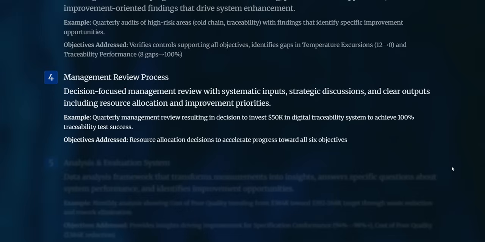An example of our management review process includes quarterly management reviews, resulting in a decision to invest 50,000 USD in a digital traceability system to achieve 100% traceability test success. Objectives addressed with our management review process include resource allocation to accelerate programs toward all quality objectives.